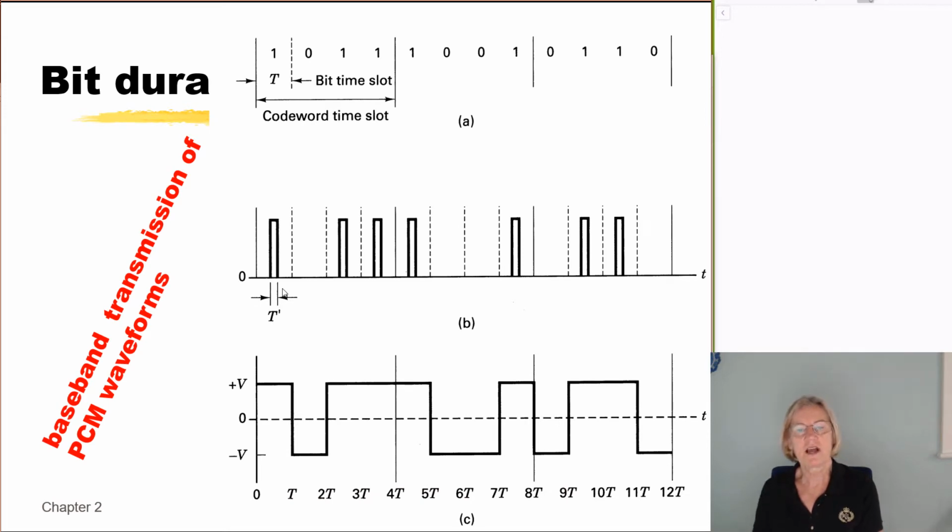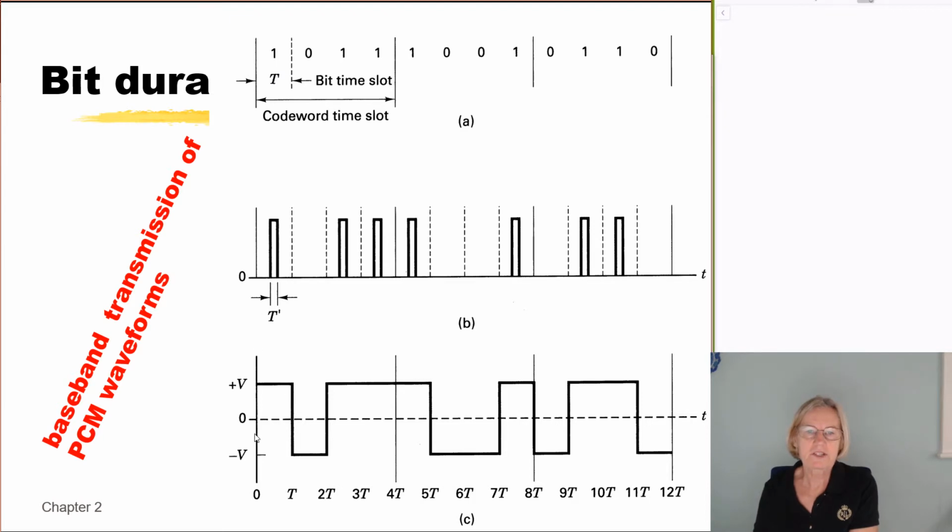So let's move on. Let's consider PCM, baseband transmission of pulse-coded modulation. In this case, we're talking about the bit duration, the time of a bit, which we see right here. If we were transmitting data which is coded, for instance, the code word might be 4 if there were 4 bits of resolution in our quantizer. But what we're looking at now is what's happening inside of this bit interval.